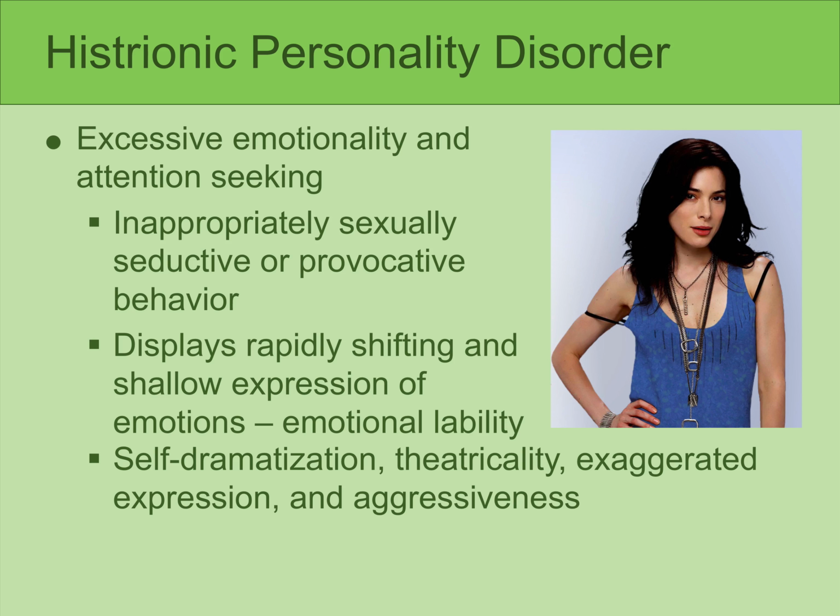So there's discussion about whether this is its own unique disorder or whether this is maybe just a different manifestation of antisocial personality disorder, because both antisocial personality disorder and histrionic personality disorder are using manipulation to get others to do what they want, to disobey rules or norms. Just the way that they do that manipulation looks a little bit different.